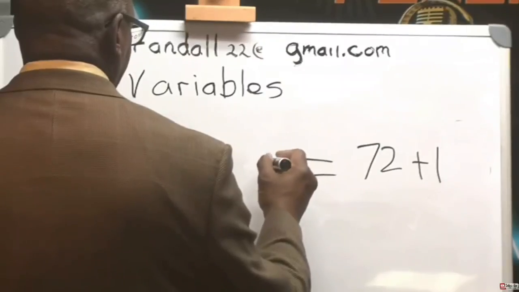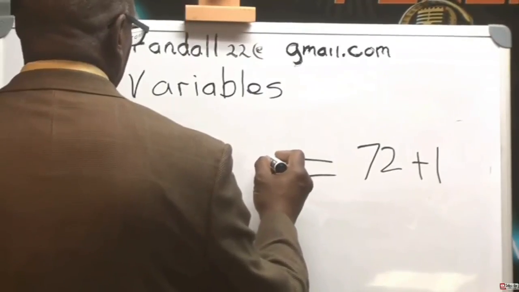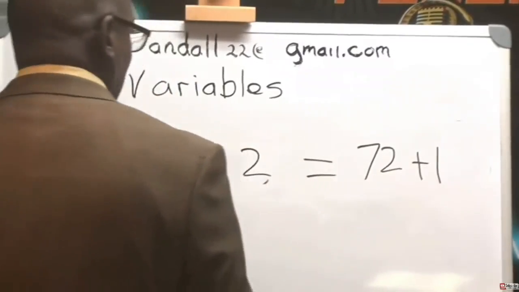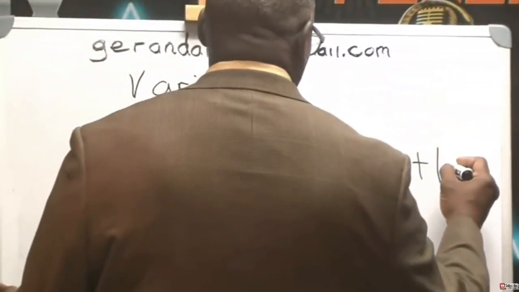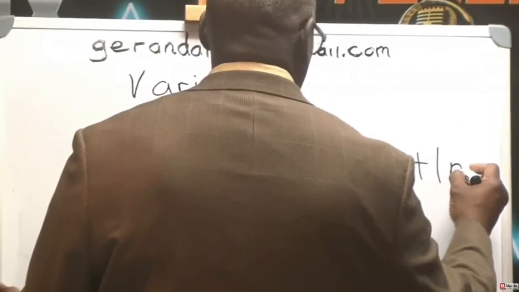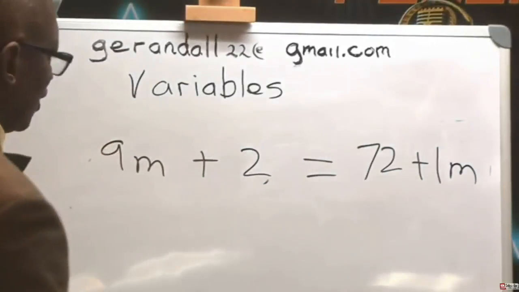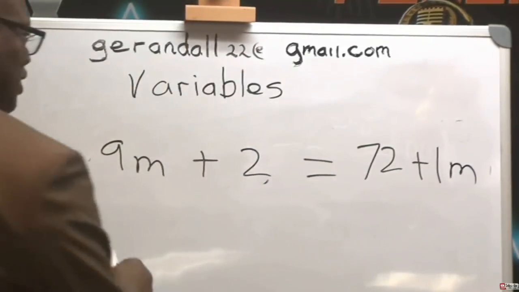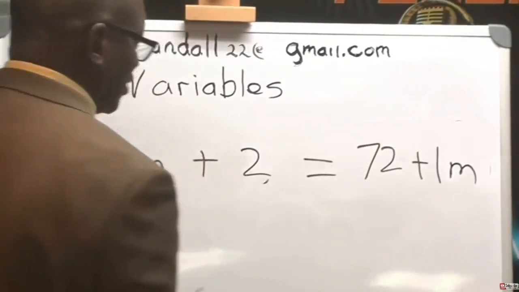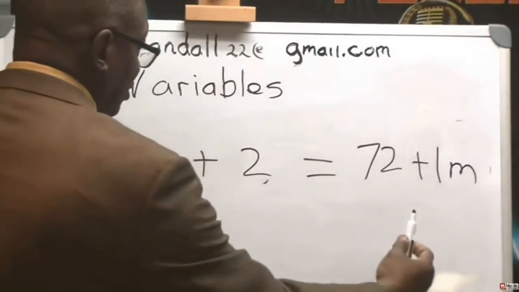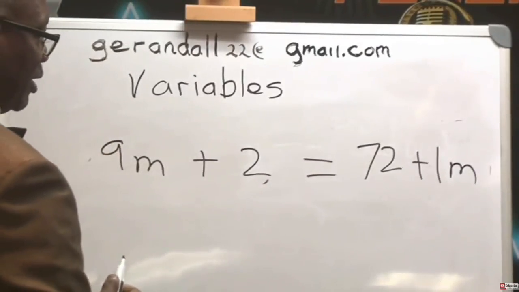We're going to make this a 2 and this just m, 1m. And you've heard me say before, whatever you do to one side of the equal sign, you must do to the other, because the original equation would have to be equal.